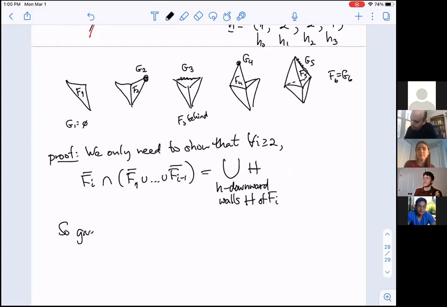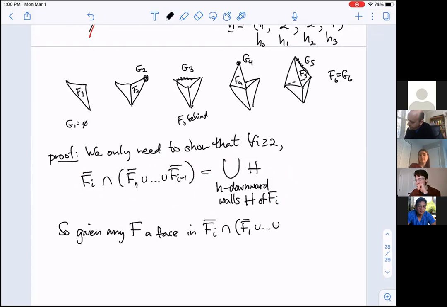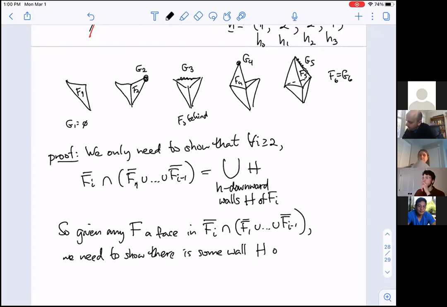So given F, a face in the left-hand side, we need to show that there's some facet, or some wall, H of Fi containing F. What does this mean?